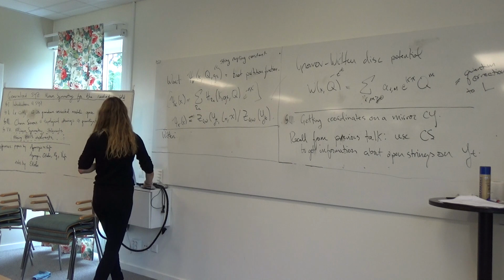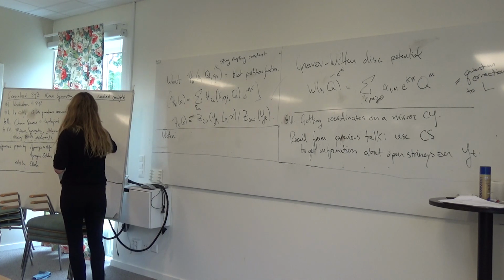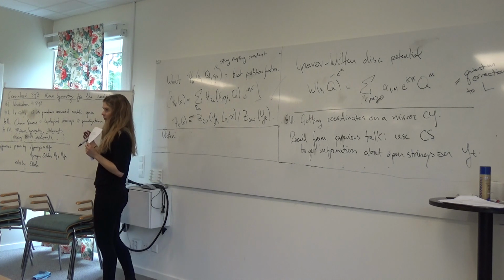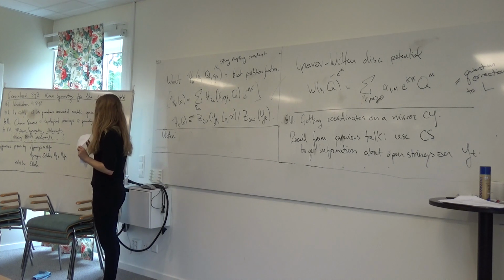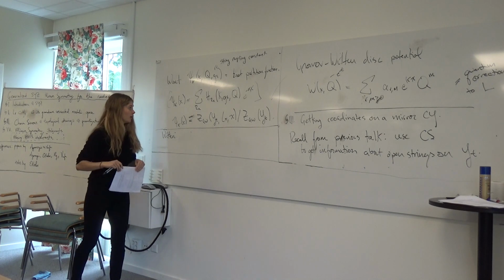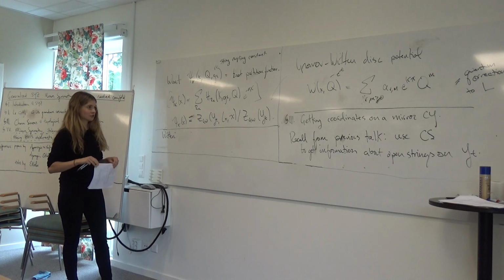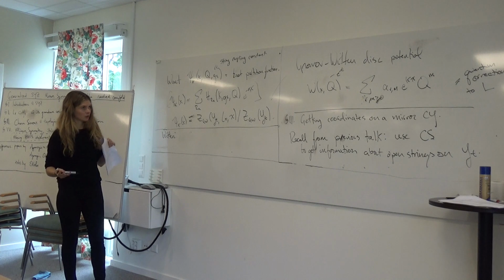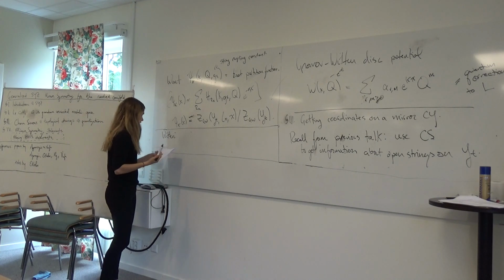As far as I understand it, now the goal is to start doing some quantization, which is going to be like taking these coordinates, finding canonically conjugate coordinates and regarding them as operators on some vector space, to sort of get the coordinates. So that's what we're going to do via this Witten thing.